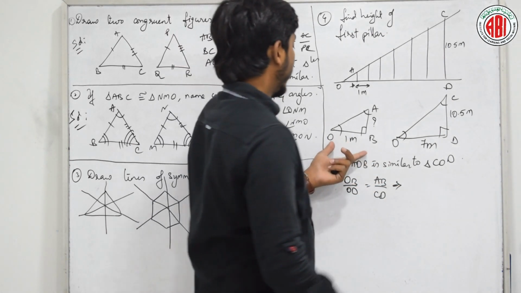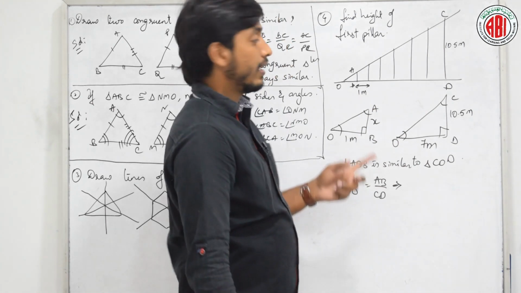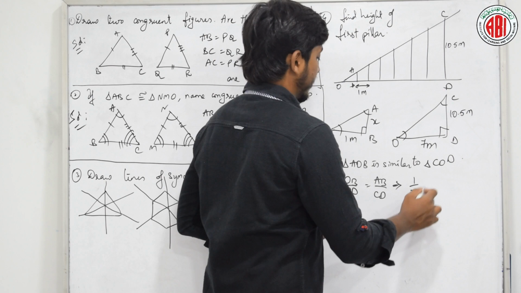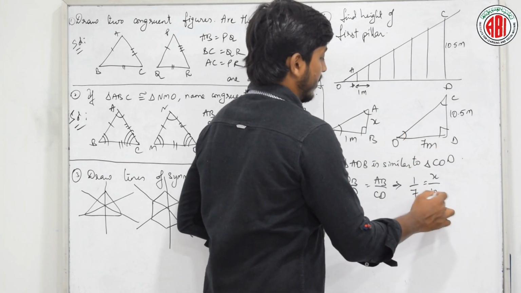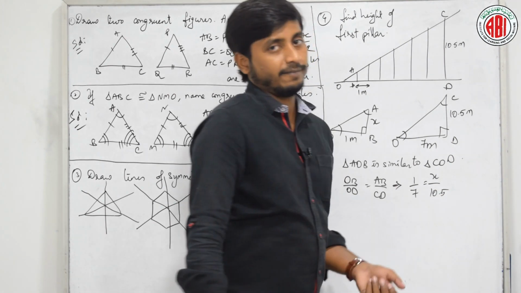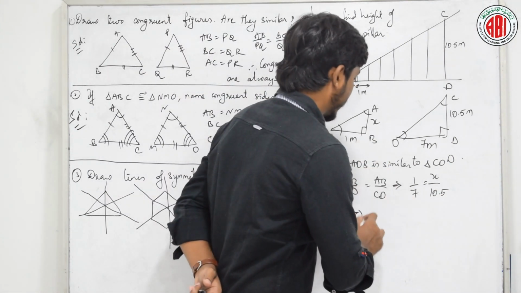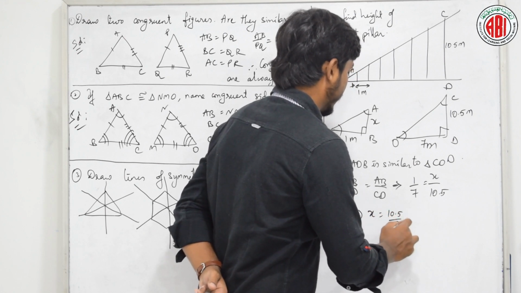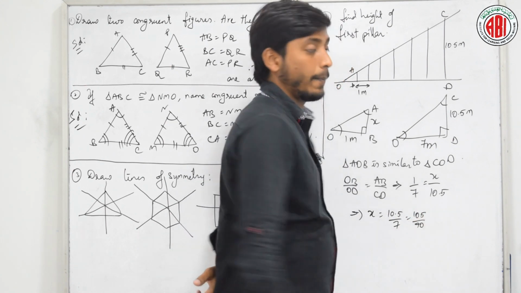Let us take AB as X. OB is 1, OD is 7, AB is X, CD is 10.5. Now let us cross multiply and find the answer. X is equal to 10.5 by 7. I can write it as 105 by 70.